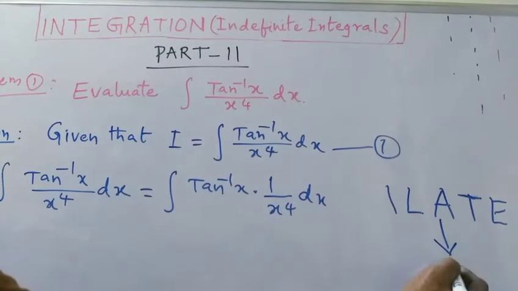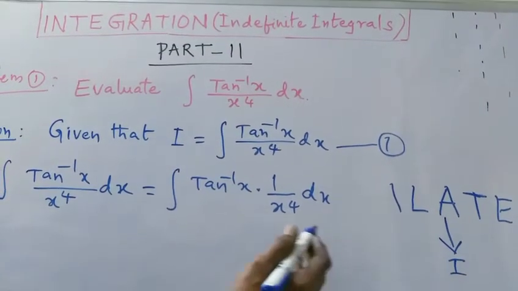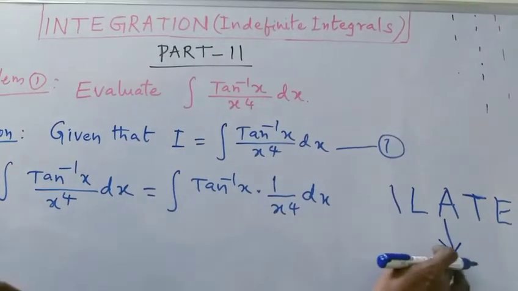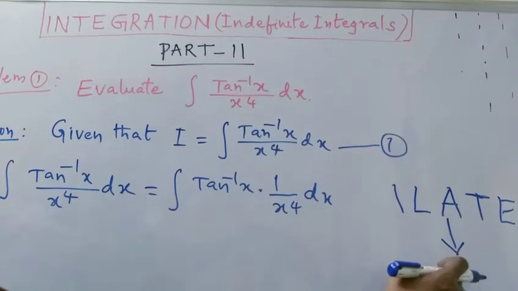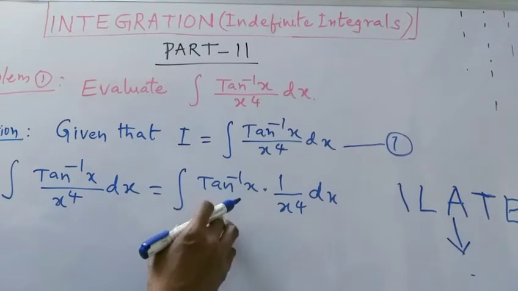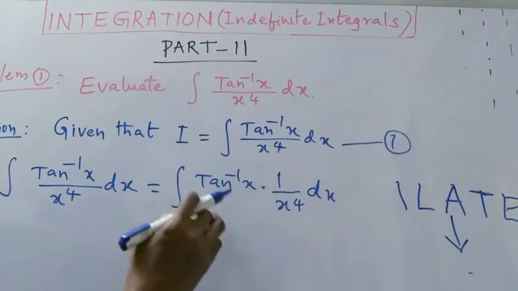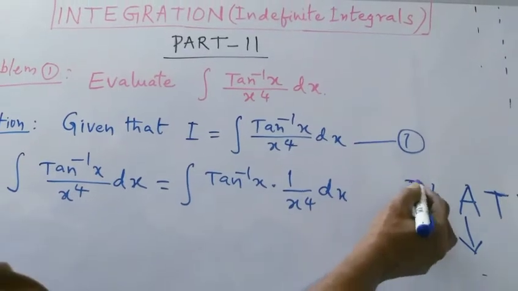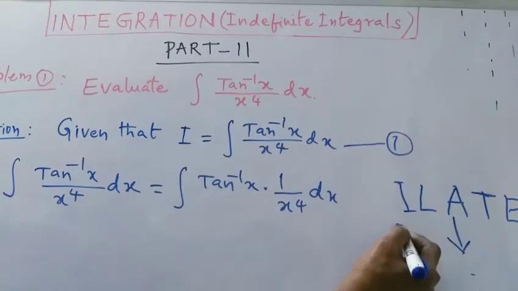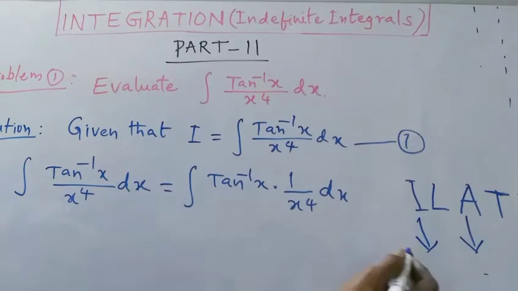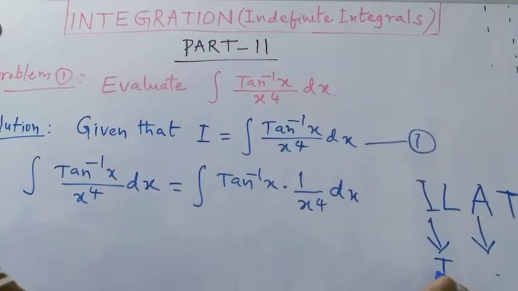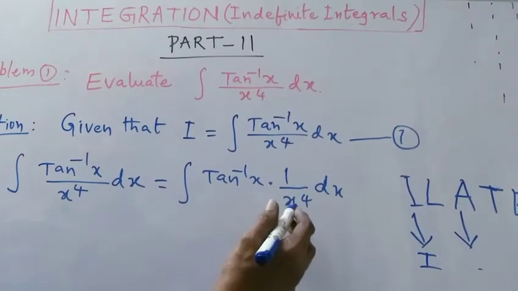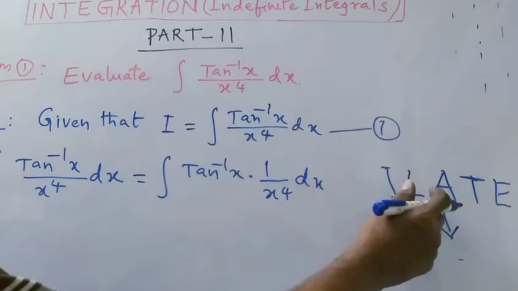Here tan inverse x is the inverse trigonometric function, that is this I. This is the first function for the given problem. And 1 by x to the power of 4 is the algebraic function.